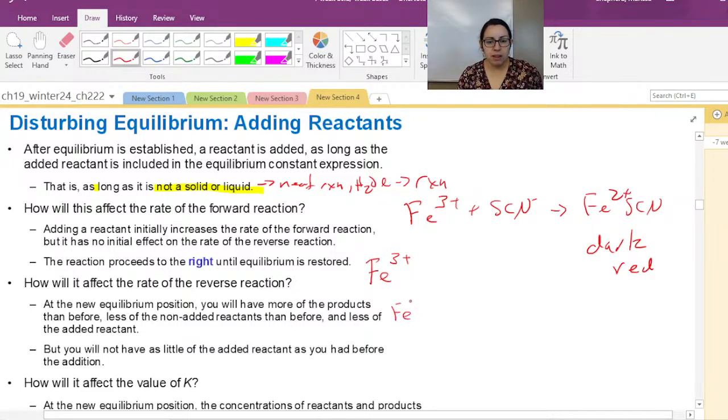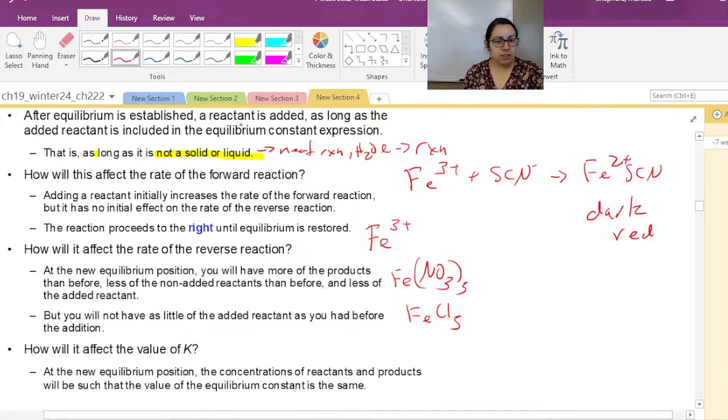It could be iron 3 nitrate, iron 3 chloride, doesn't matter. If we add any of those into our system, we're adding reactants, and that's going to increase our forward rate of reaction. And you'll see that in lab, hopefully, by it turning nice and dark red compared to your equilibrium standard. And again, lots of words just to say all that.